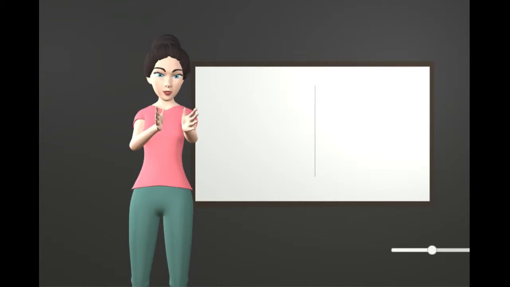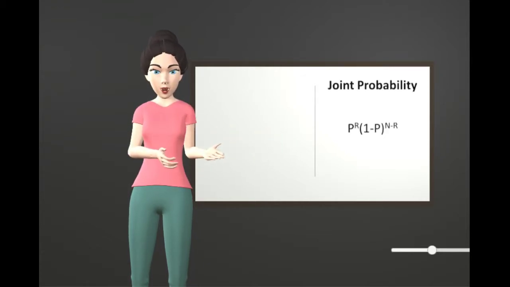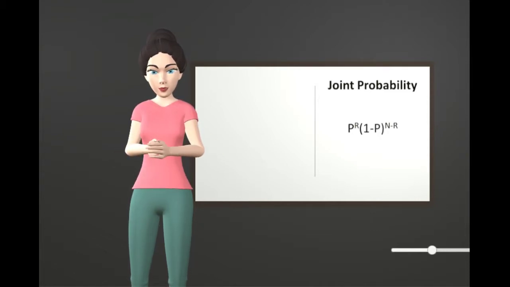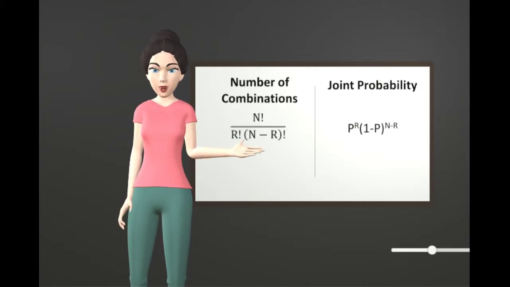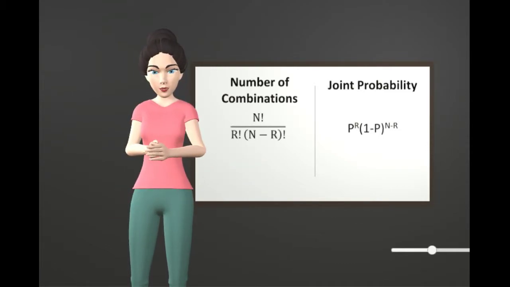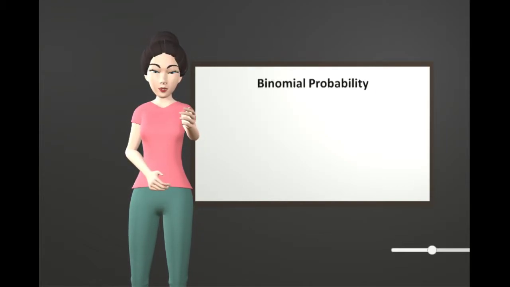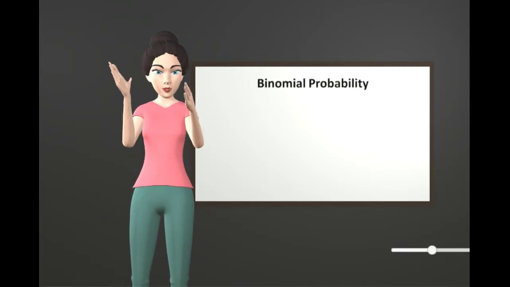Now you see how to compute the joint probability of a particular sequence that has r successes in n trials, such as failure, failure, success, failure, success, and how to compute the number of combinations in which a sequence has r successes in n trials, such as 10 ways to get 2 successes out of 5 trials. As the final step in computing binomial probability, you just put those 2 parts together.